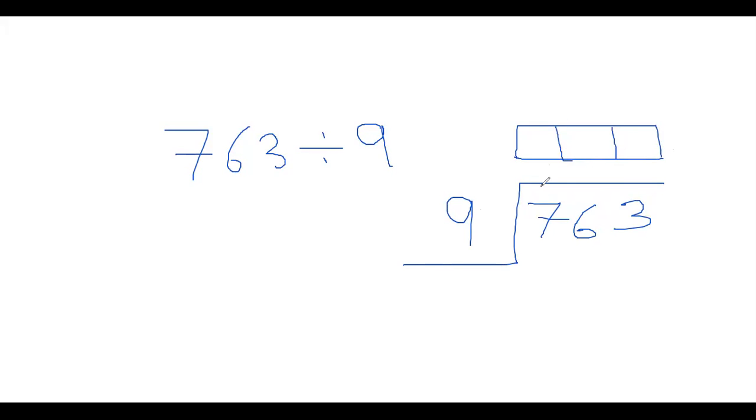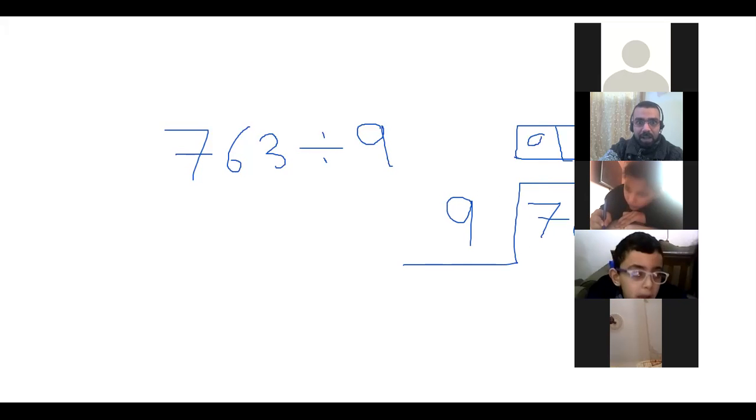So now, how many 9s does the 7 have? 0, because 7 is less than 9, so that's 0. Okay, now 76 divided by 9, so we will go to the multiplication table of the 9. Start looking for the closest number to 76, and it should be less than 76.